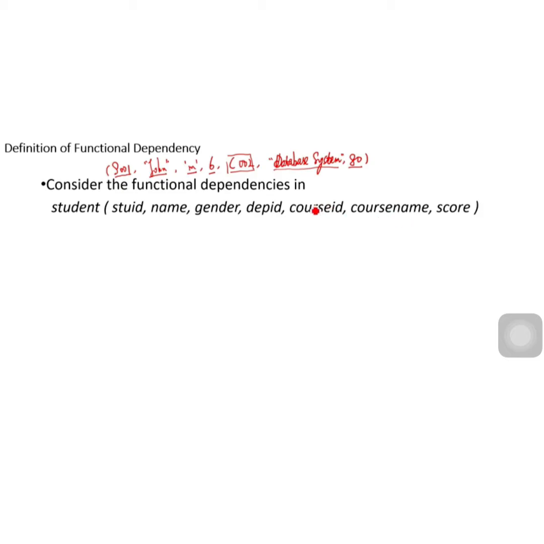For a course there is only one name, and a student can get only one score in a course.